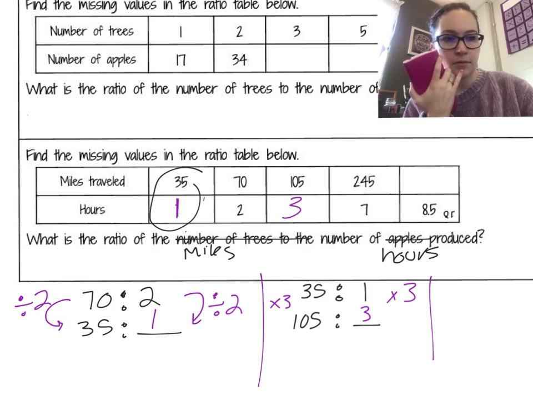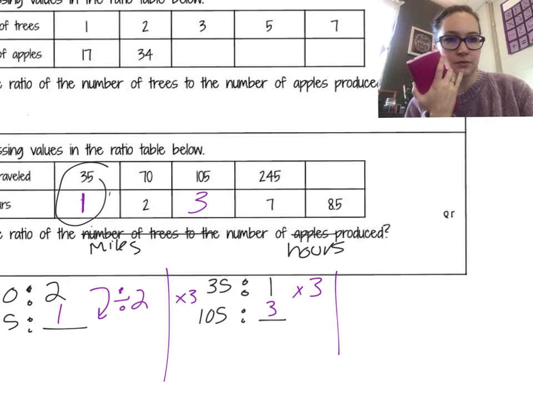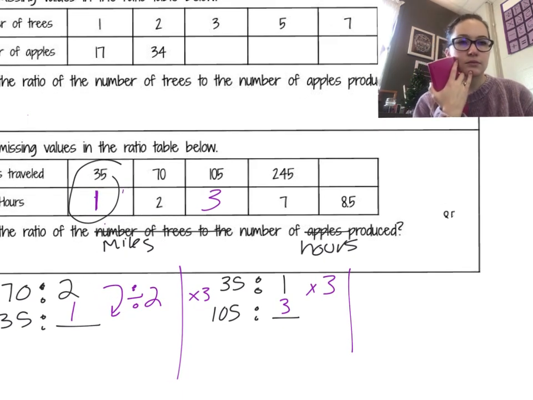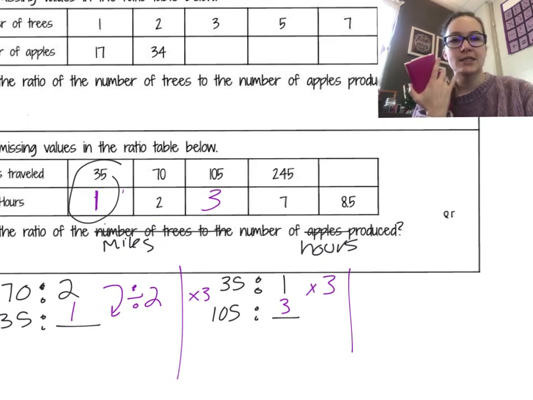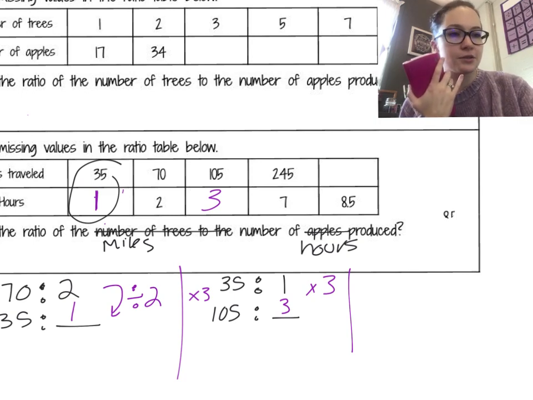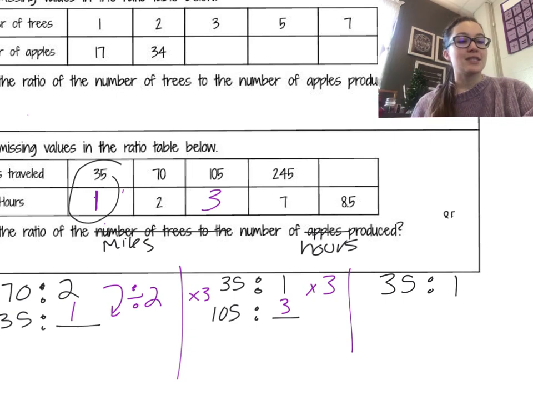Okay, scooch him over. Okay, and I'm going to use that same ratio, 35 miles to 1 hour. Except this time, I want to know how many miles in 8.5 hours.